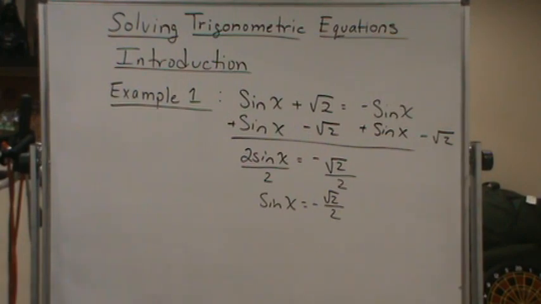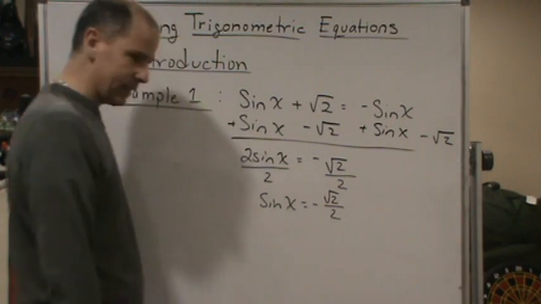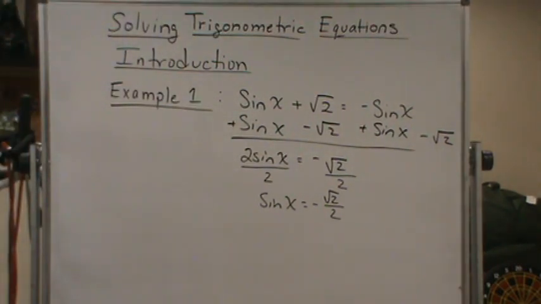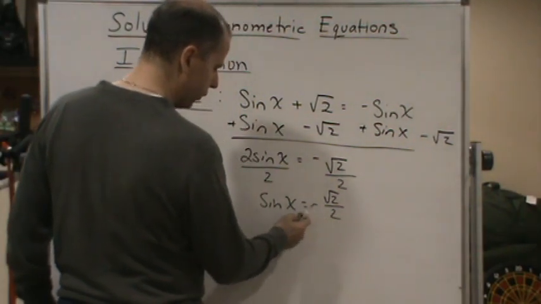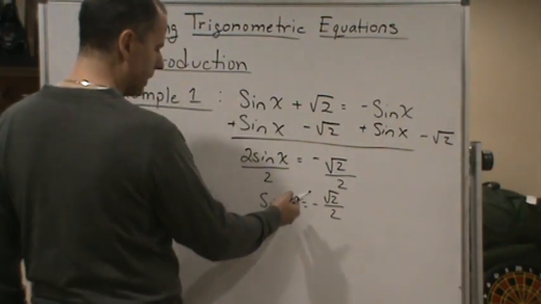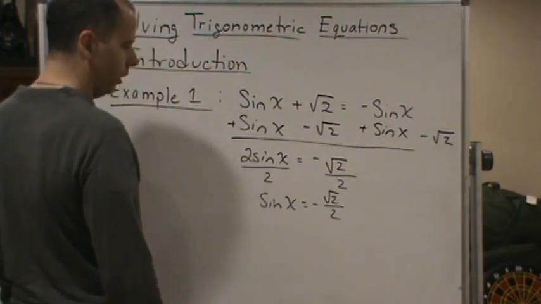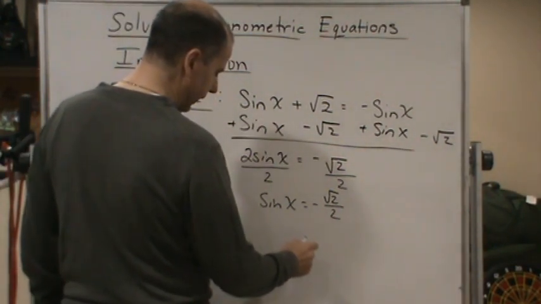Well, we know that's going to involve pi over 4. And it's also negative, so what quadrant is sine negative in? Sine is going to be negative in the third and fourth quadrant. So what x is going to give you a sine that's equal to root 2 over 2?